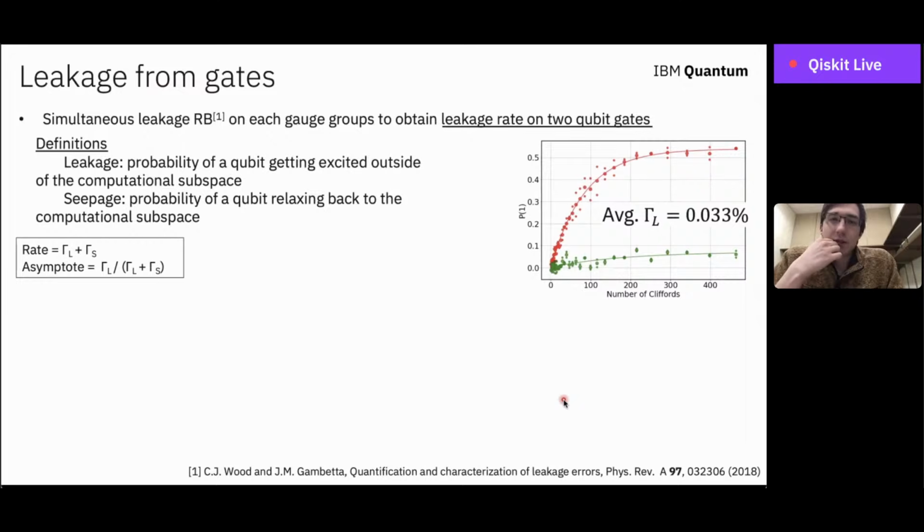That's leakage out of the computational space. There are certain ways to characterize leakage in the device, and essentially these amount to repeating the circuit element many times that you want to characterize. So you can repeat the gate many times and see how often it leaks, or see the rate of leakage.